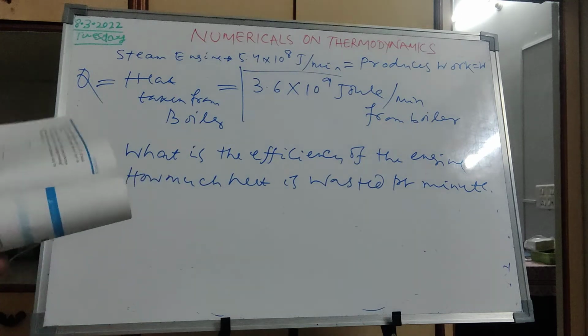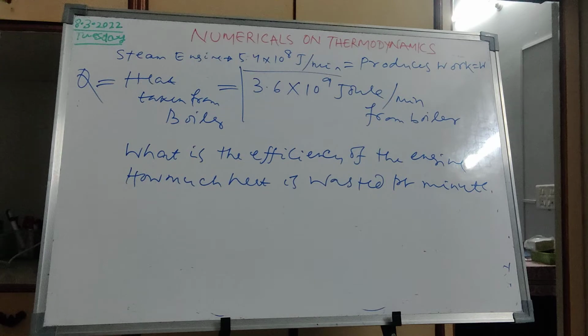Okay. So, you know what is efficiency. So, what is a heat engine? A steam engine. Steam engine is an external combustion engine. So, in external combustion engine, you have a boiler. Inside the boiler, your coal is burning.